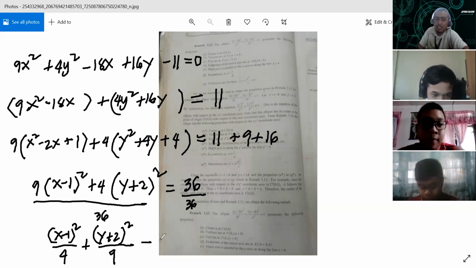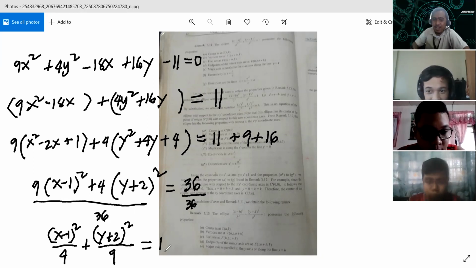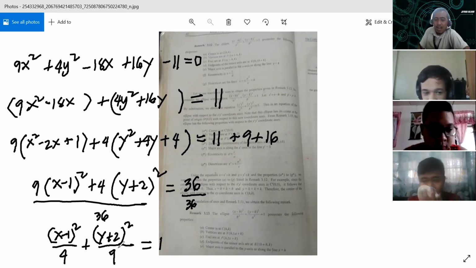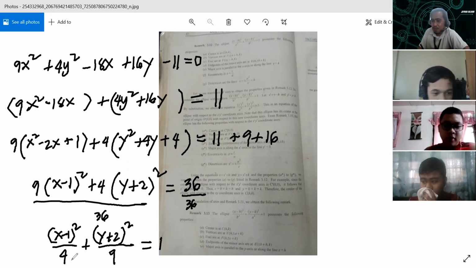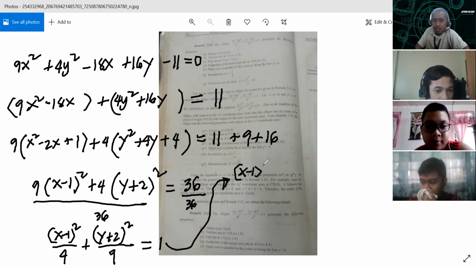And here is 1. We are almost there, right? So now, what is lacking? The denominator. So we can rewrite it as x minus 1 quantity squared over 2 squared, right?